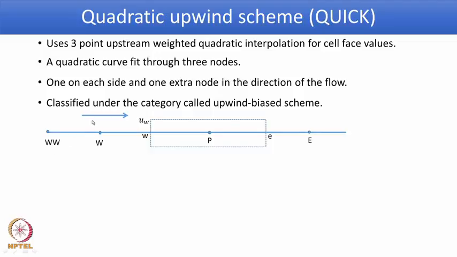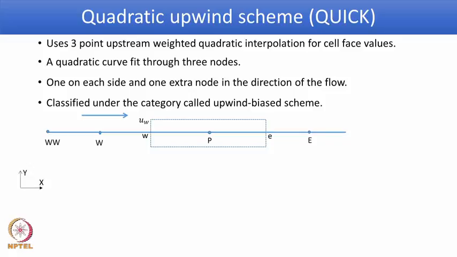For this illustration, the flow is considered from left to right, and you are interested to find out the value of the variable on this face, the west face, which is marked here as uw.